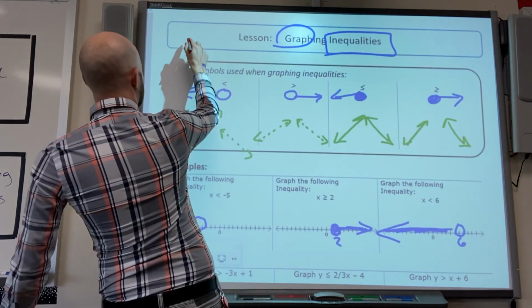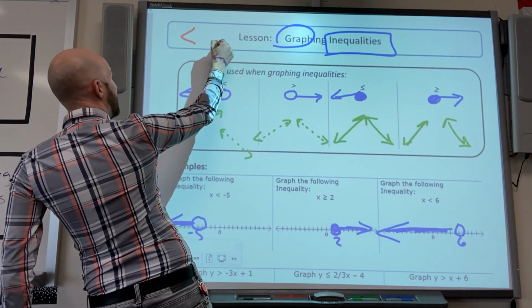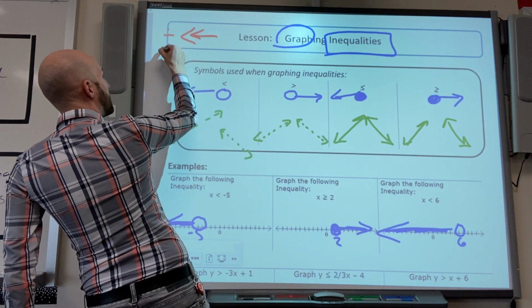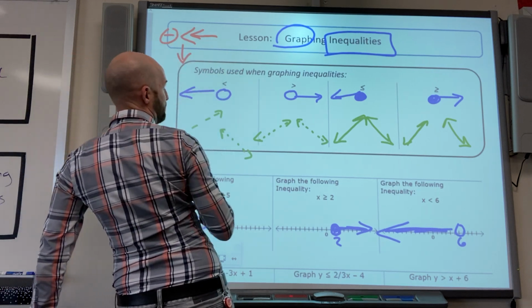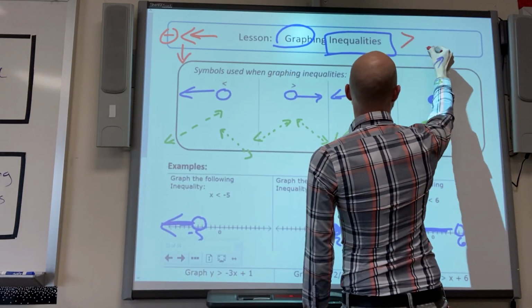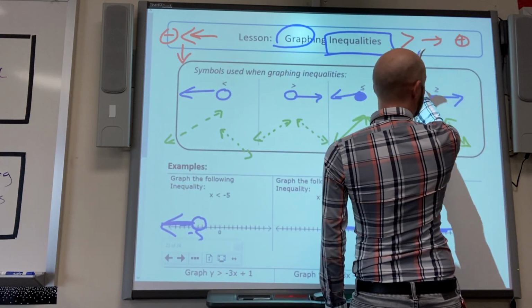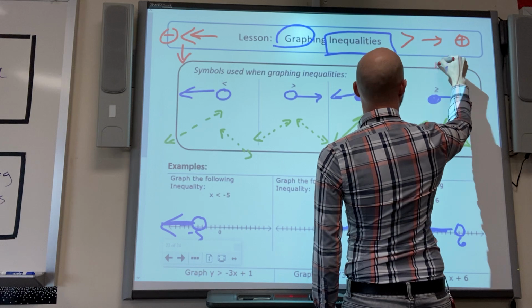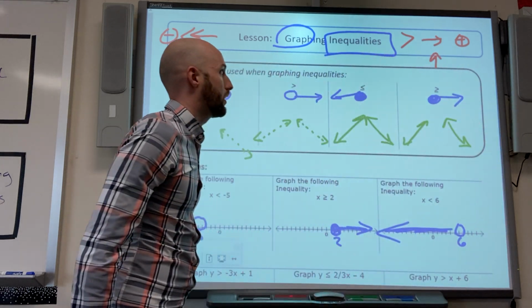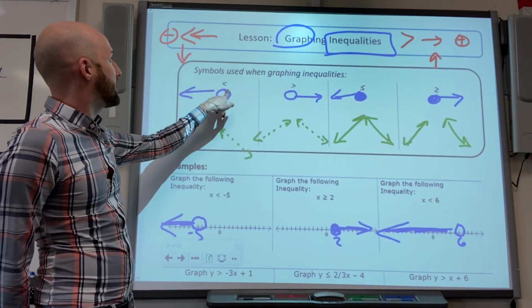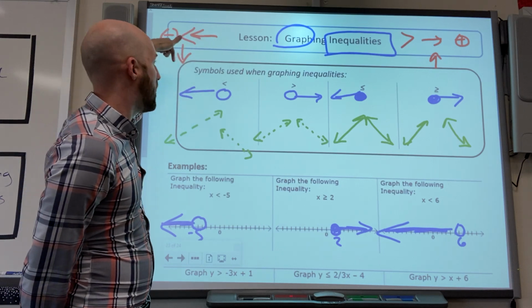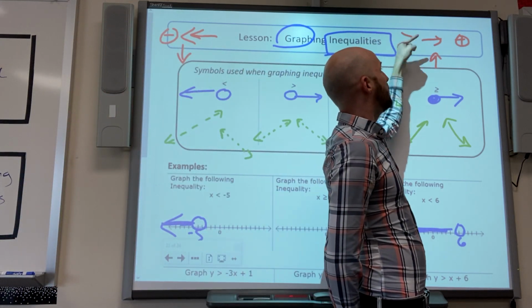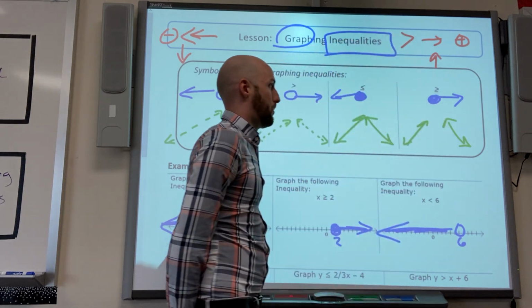So, if it was left, si apuntando a la izquierda, que fue apuntando para negativos, eso quiere decir apuntando para abajo. Y si la gráfica era apuntando hacia los positivos a la derecha, eso quiere decir sombra arriba. Okay? So if it used to be like this, which meant shade negative to the left, this will mean down. Shade to the right will mean to shade up.